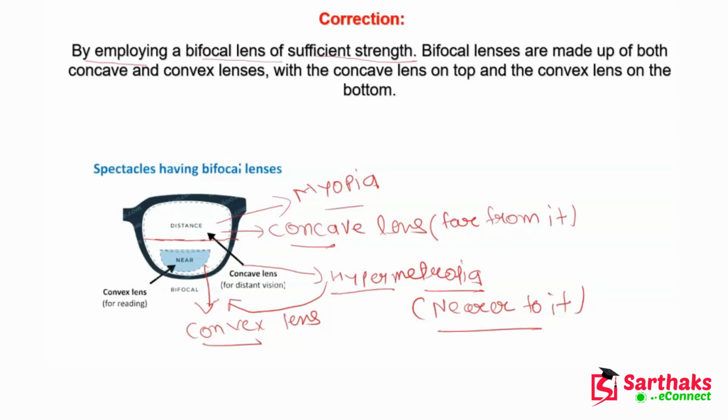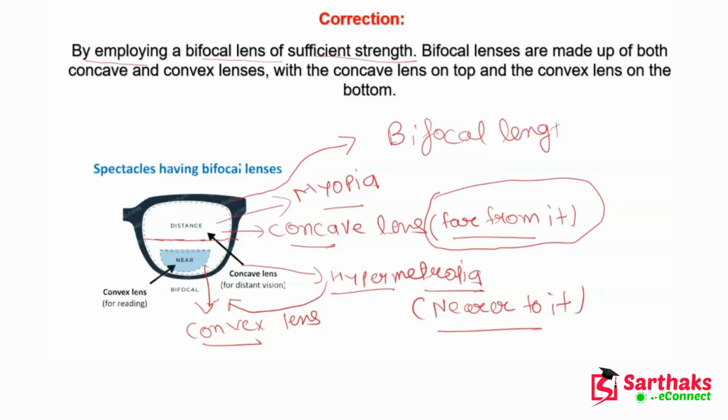I hope these things are clear to you. The lens which we use to correct presbyopia is known as a bifocal lens, because you can see it is made up of two types of lens. Convex lens will be there, and concave lens will also be there.